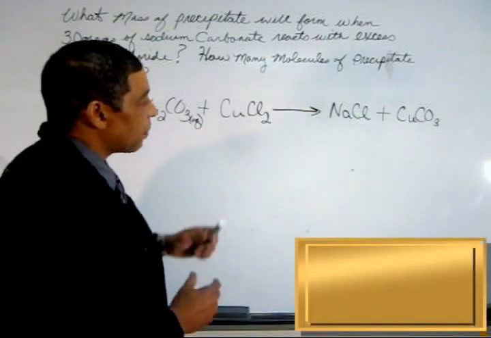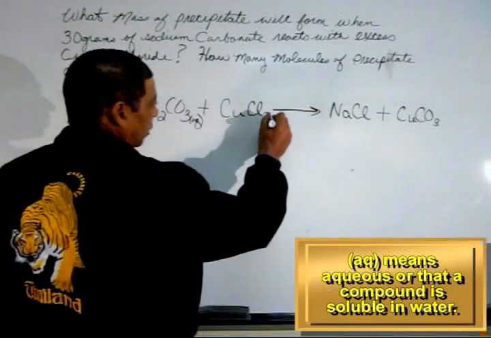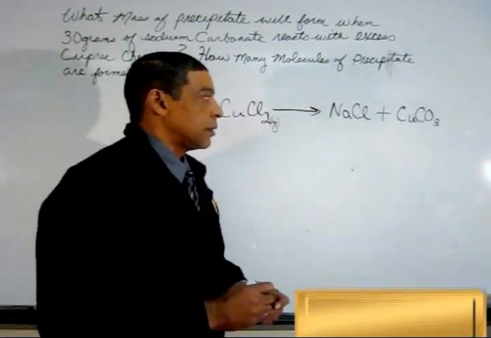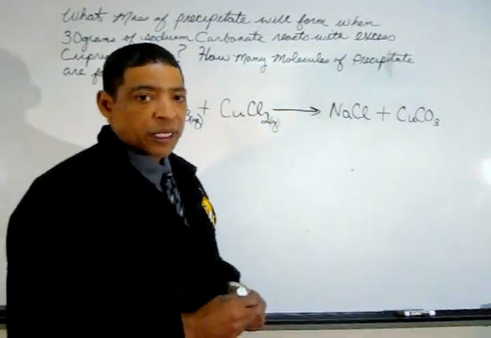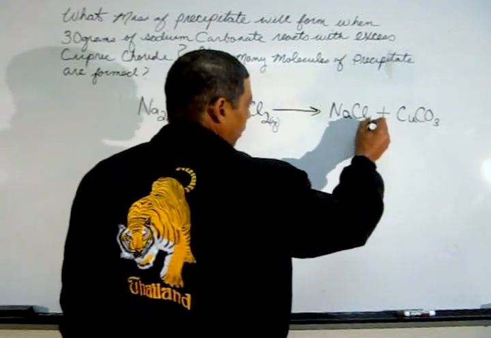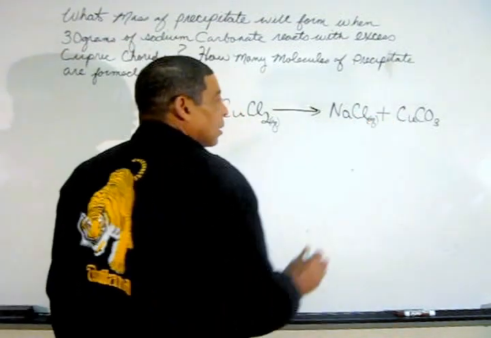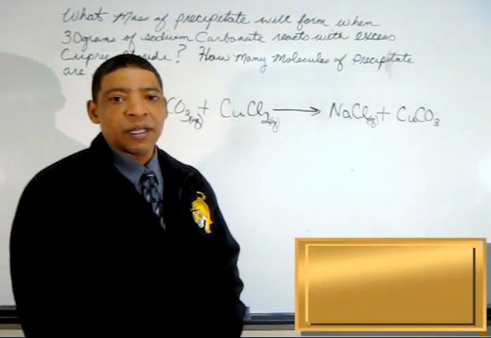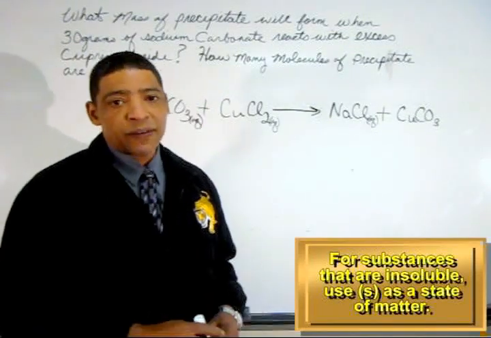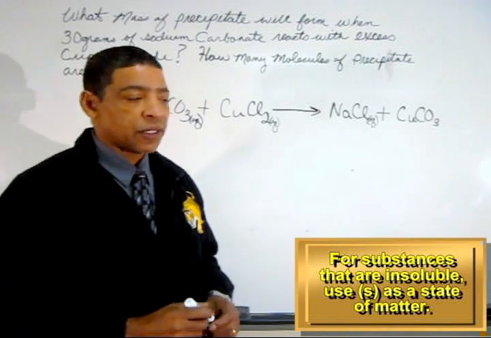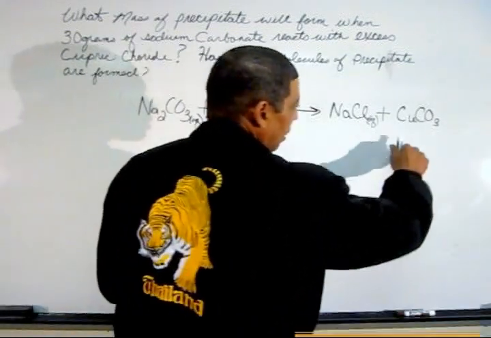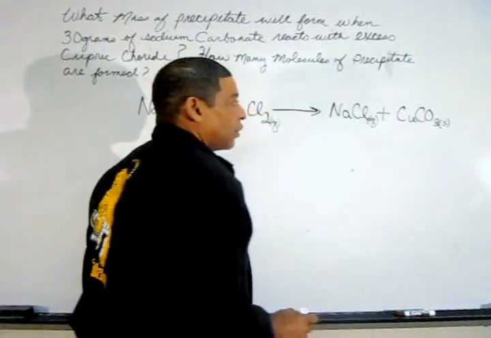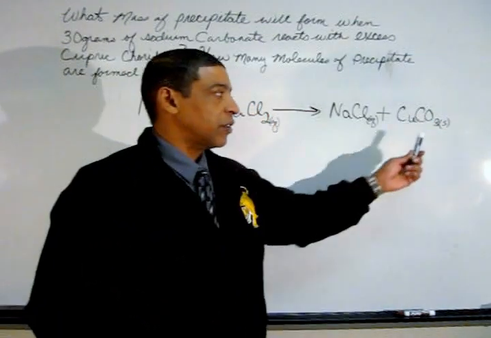In other words, copper(II) chloride will indeed be soluble. Sodium, a group 1 ion, will form a compound that is soluble. Carbonates are generally insoluble with a few exceptions. However, copper is not one of those exceptions. So this compound, copper(II) carbonate, will be insoluble, so we write the state of matter as a solid.